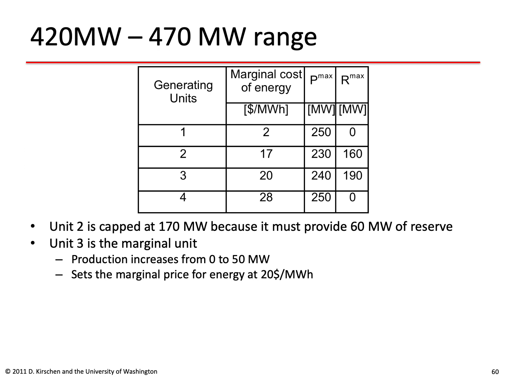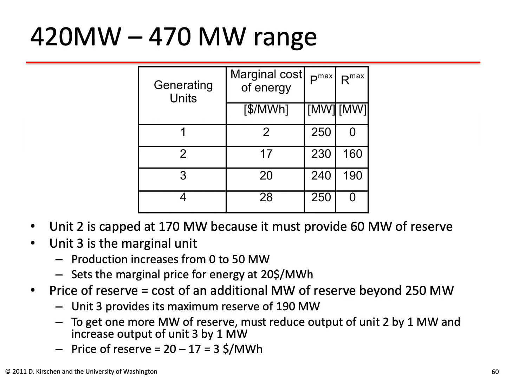And the production of unit 3 is therefore going to start increasing from 0, and we'll see that will be for up to 50 megawatts. Therefore, the marginal price for energy becomes the marginal cost of energy as produced by unit 3, which is $20 per megawatt hour. But what about the price of reserve?